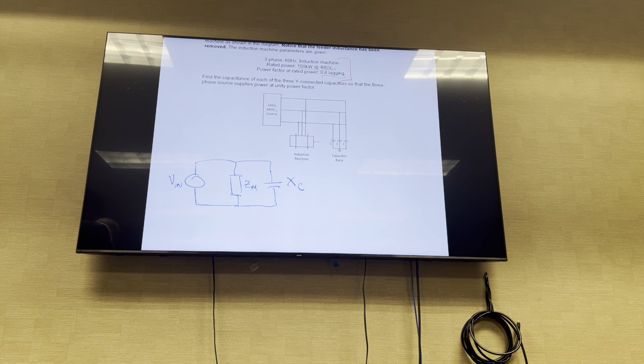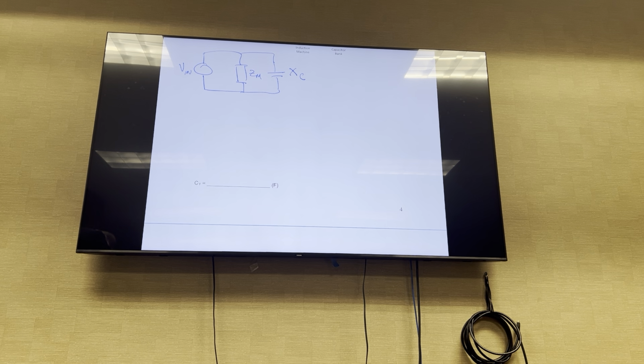So right away we can say that P motor is 100 kilowatts. I actually already know this voltage and this voltage because I know what Vn is. And from the apparent power, I could also find the current. But maybe in this problem I don't even need to do that.